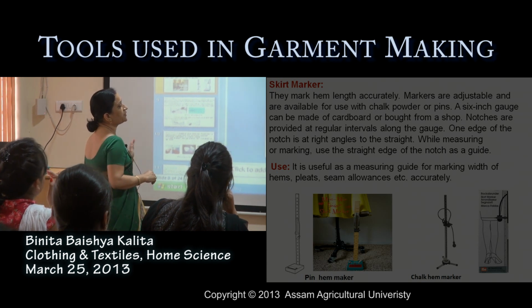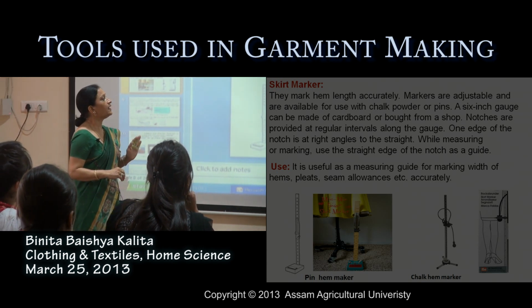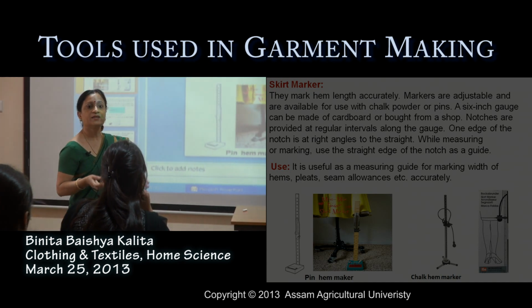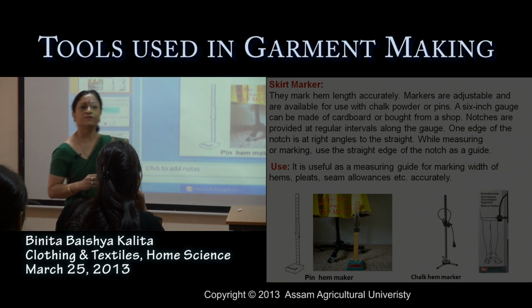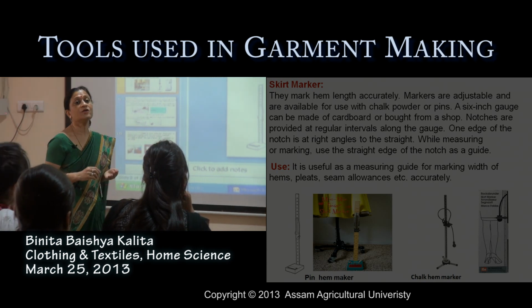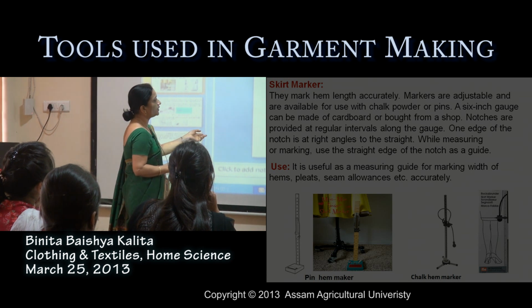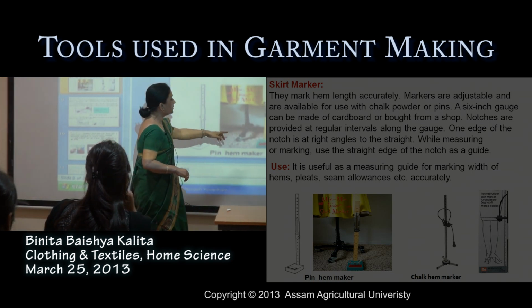These are available in different sizes, and they are of mainly two types. One has the notches, and another, along with the notches, has chalk marking. When you use this skirt marker, this one is the pin hem marker.